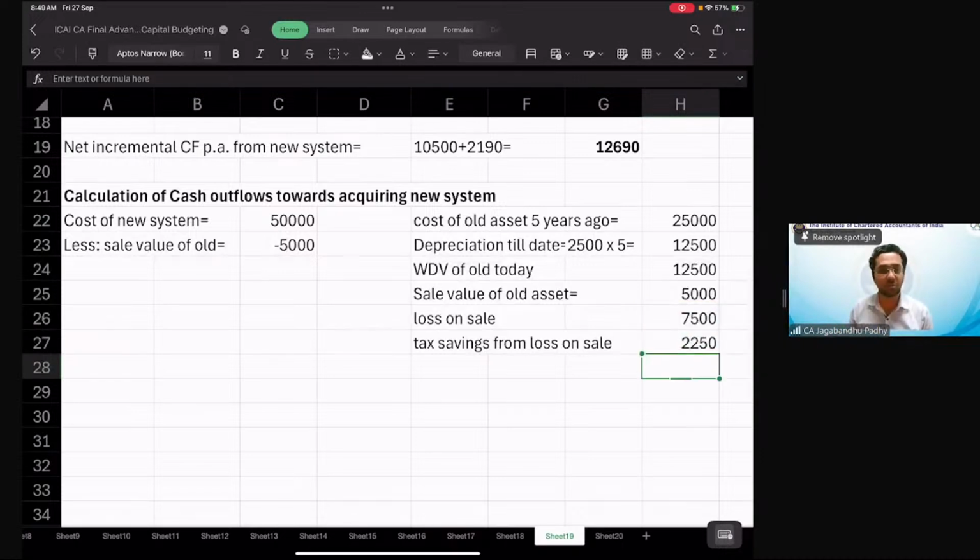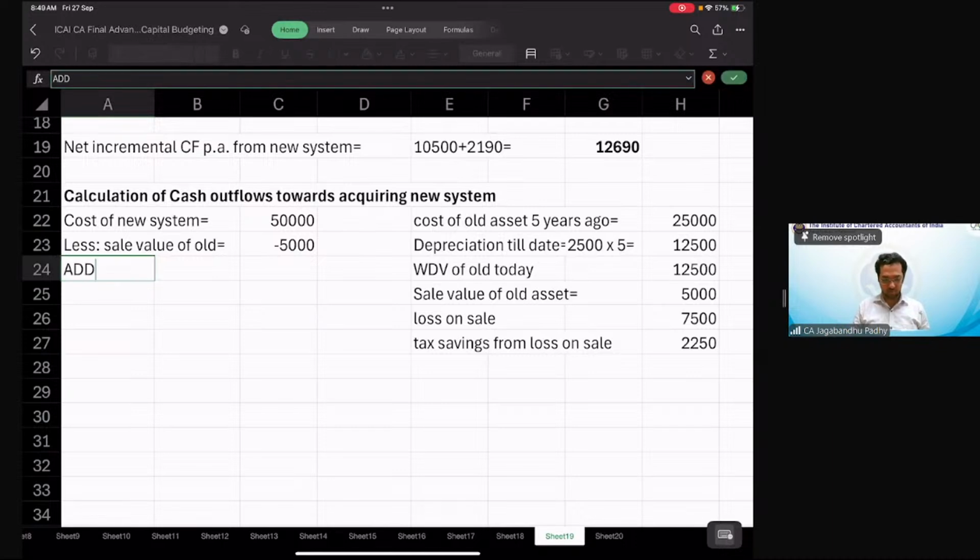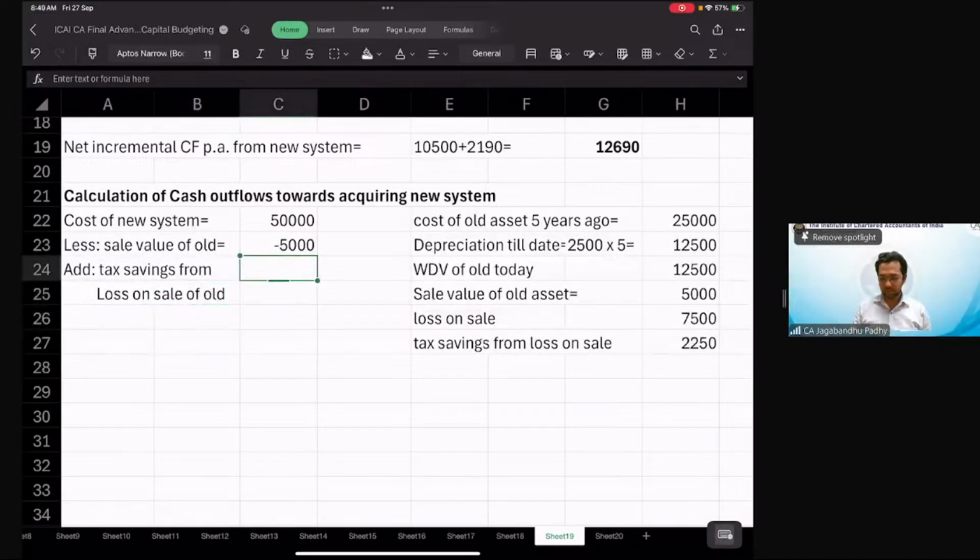This is what you're going to save. So we'll just add over here tax savings from loss on sale of old. So tax saving is 2250.